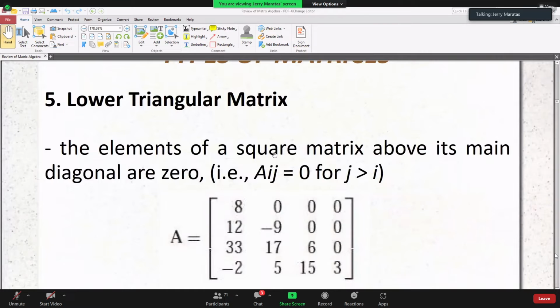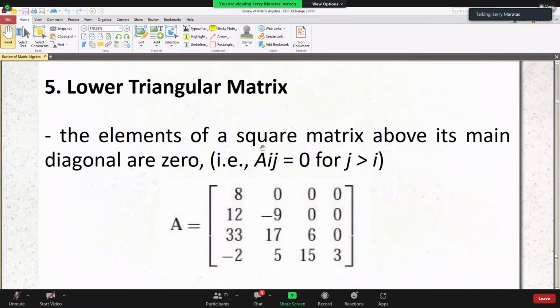Another type, the lower triangular matrix. The elements of a square matrix above its main diagonal are all zeros. This is a square matrix, and these are the elements above the main diagonal. If all the values of the elements above the main diagonal are zeros, that is a lower triangular matrix.